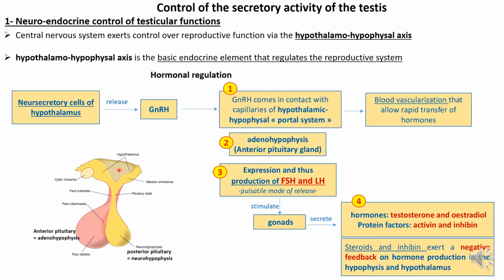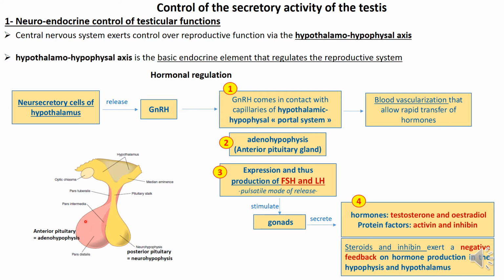So this GnRH will be produced and released in the portal system, the capillaries between the hypothalamus and the adenohypophysis, and in this way it will reach the adenohypophysis.